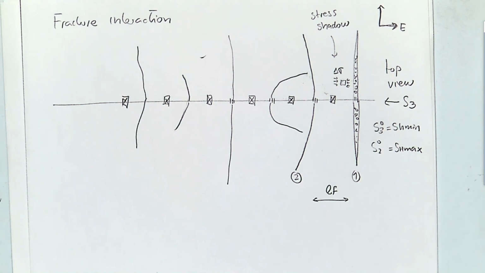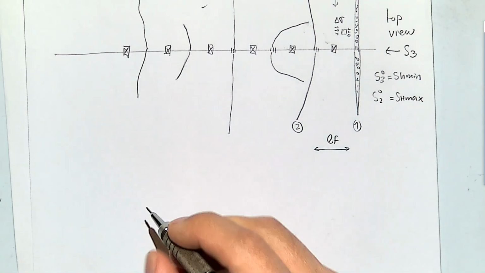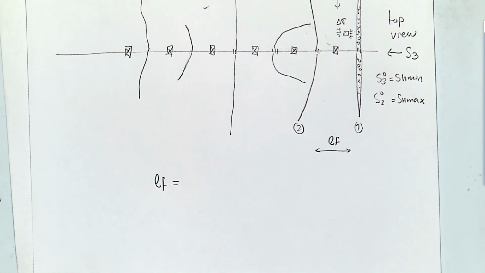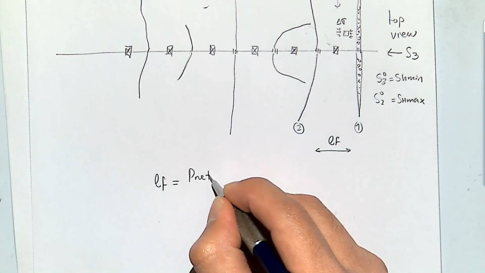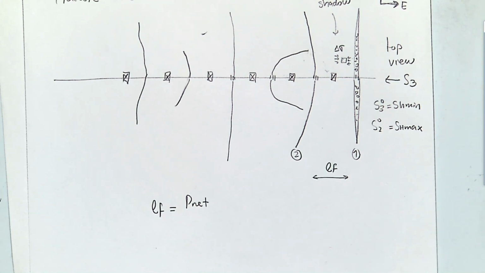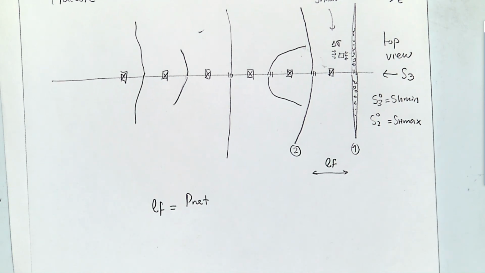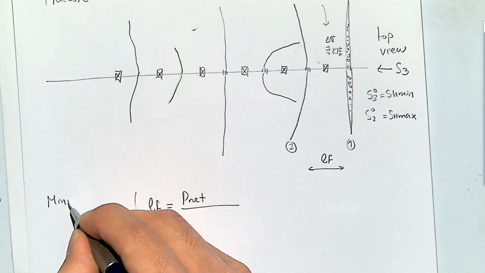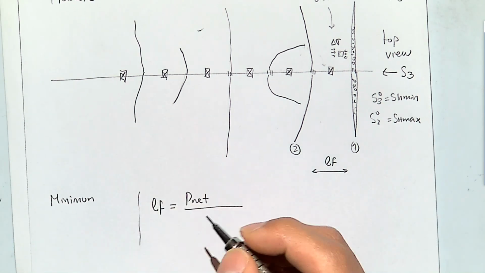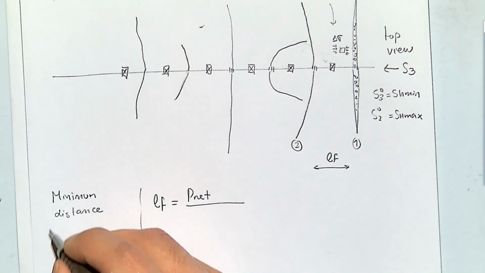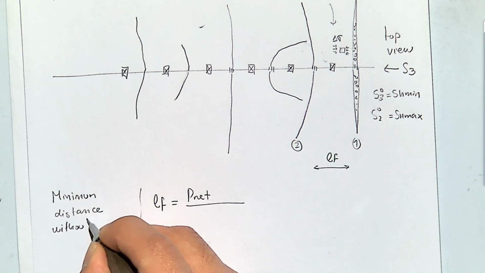And what that distance is going to be depends on your net pressure. The higher the net pressure, the higher the length that you need to put between your fractures so that there is no interaction. Let me write what this LF is going to be. This is going to be a minimum distance without fracture interaction.